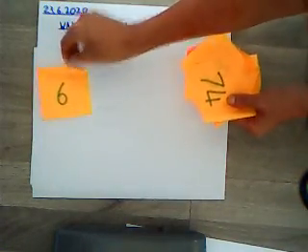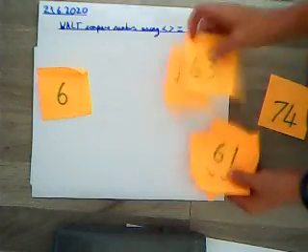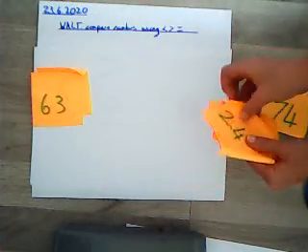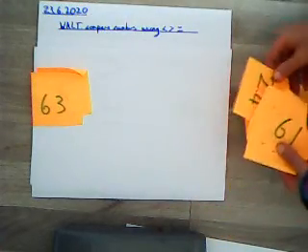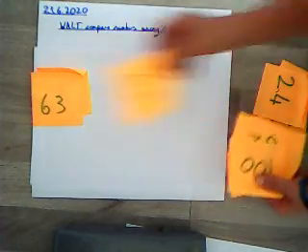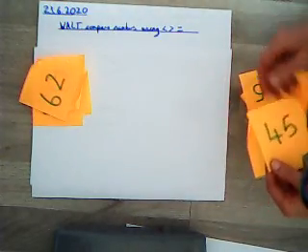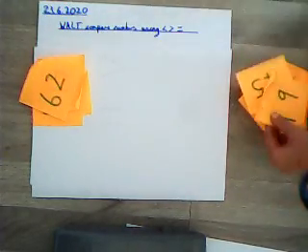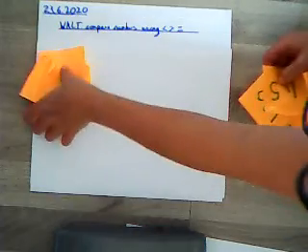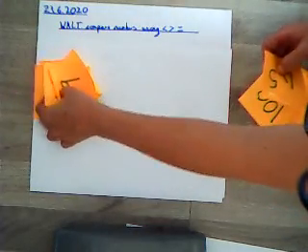So I'm going to give one to my partner, one for me, my partner, one for me, and I'm going to share them equally. And then I'm going to turn them upside down.